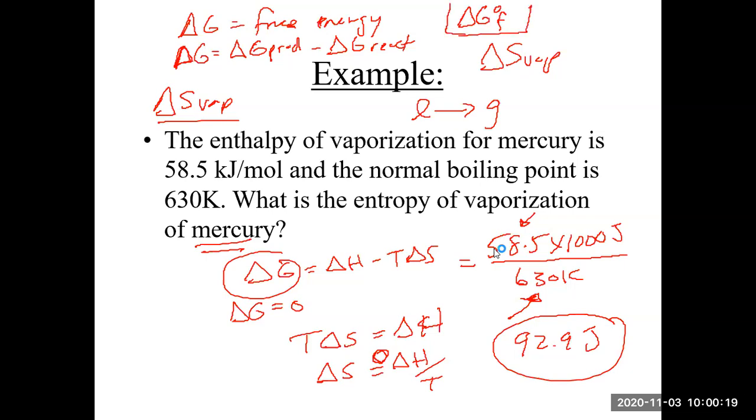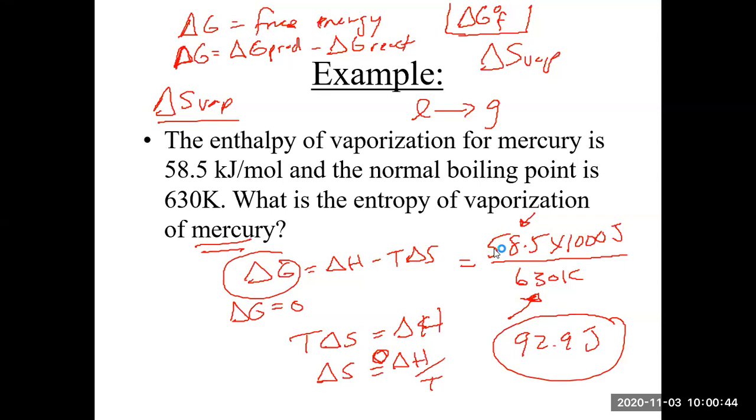Those are table values, and you would find what you're looking for in the correct state. You would also need to take into account the coefficients from the balanced equation and multiply them as the moles by each one, and then take your products minus your reactants when you add up all your products together and all your reactants together.